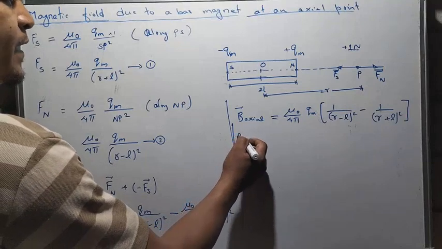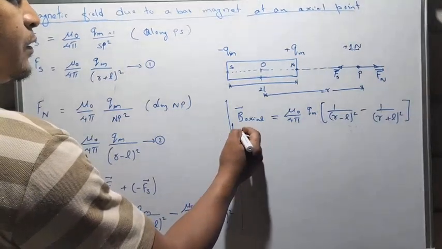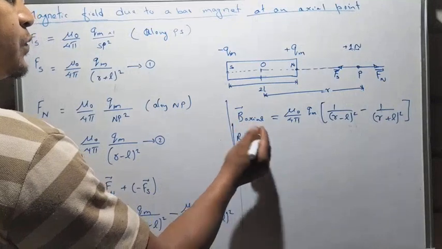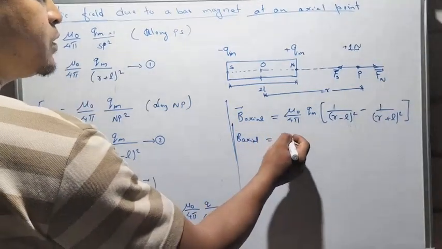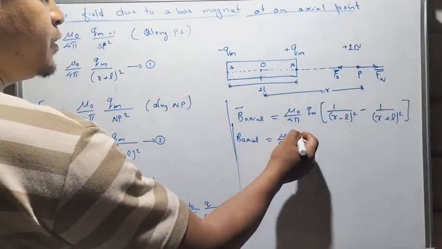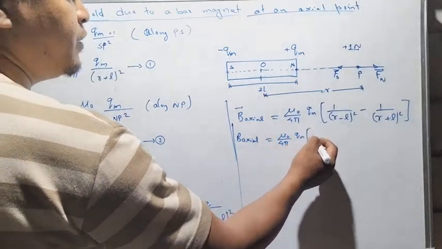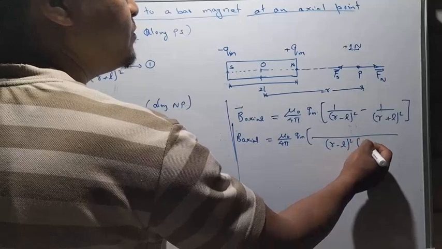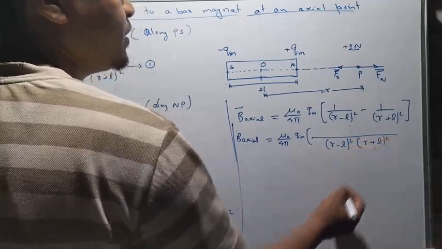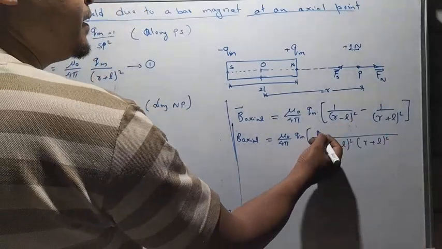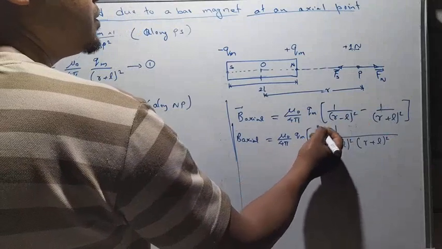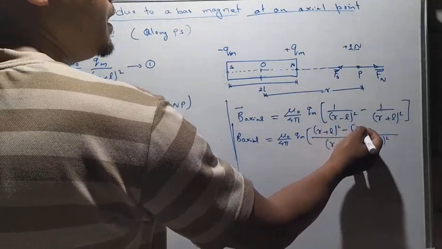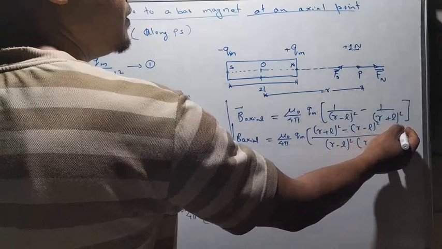So this B axial is equal to mu naught upon 4 pi Qm. Now find the LCM here. It is r minus L whole thing squared times r plus L whole thing squared. And cross multiplying, you'll get r plus L whole thing squared minus r minus L whole thing squared.